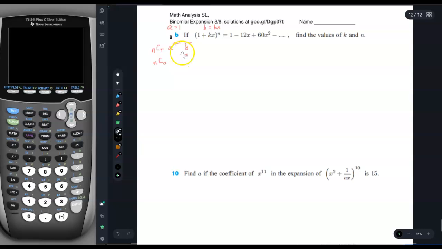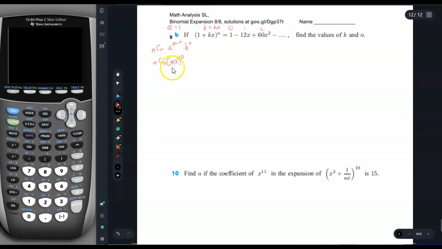Let's look at the b value. The b value is kx. So we're going to put kx in parentheses, and then we're going to put it to the r power. Except we know r in this case. Since this is the very first term, the r value is 0. The r value here is 0, the r value here is 1, the r value here is 2, because the first term is r equals 0, the second term r equals 1, etc. So this would be r equals 0, and that's 1 also.